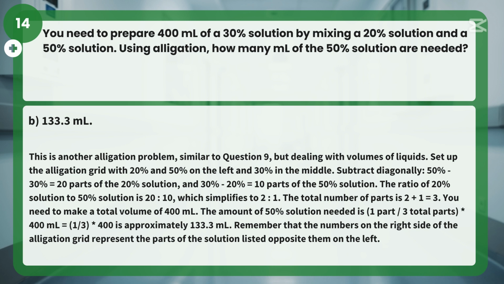The total number of parts is 2 plus 1 is equal to 3. You need to make a total volume of 400 milliliters. The amount of 50% solution needed is 1 part/3 total parts, * 400 milliliters equals 1/3 * 400, which is approximately 133.3 mL. Remember that the numbers on the right side of the alligation grid represent the parts of the solution listed opposite them on the left.